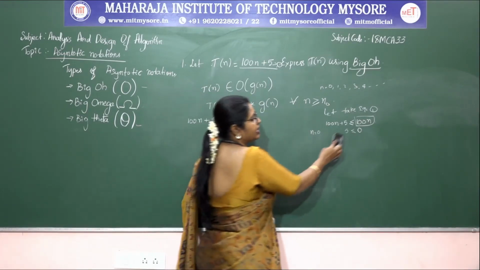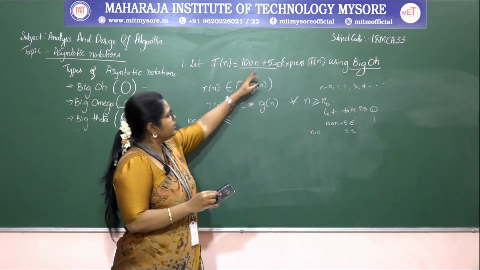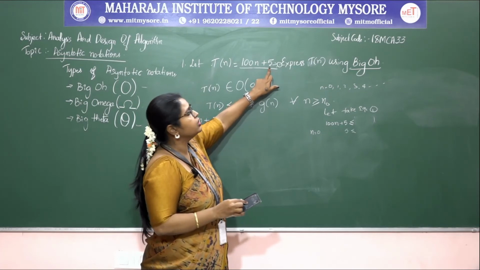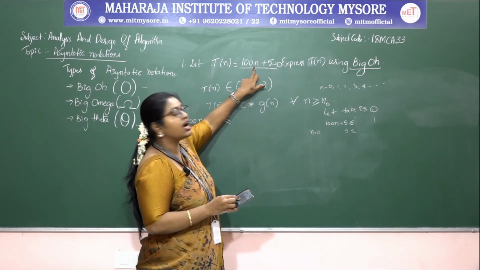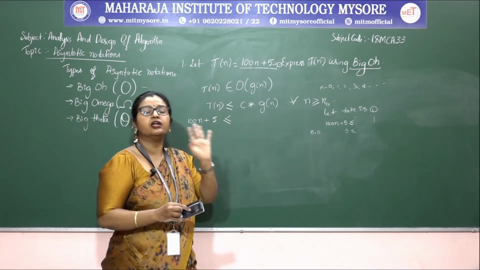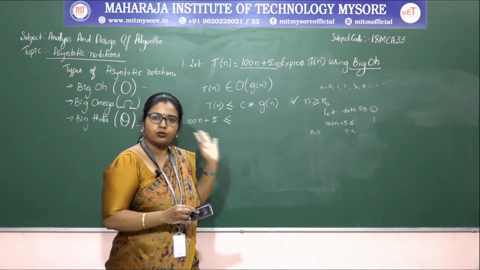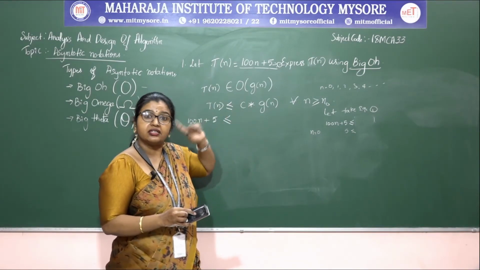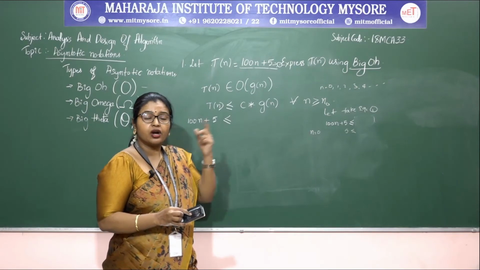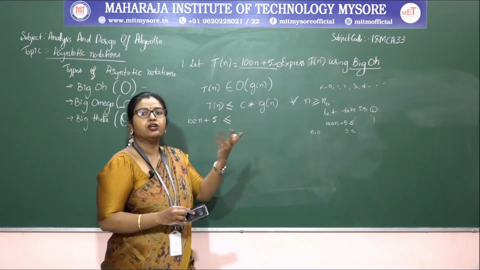How we can consider this is to replace the lower order term with the higher order term of that particular equation. Here the higher order term is n, and the lower order term is 5 into 1. So just convert that 5 into 5n.